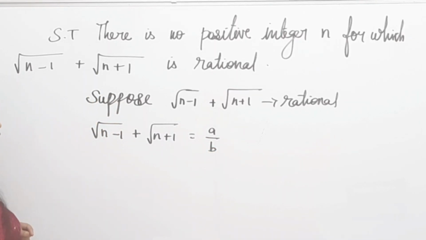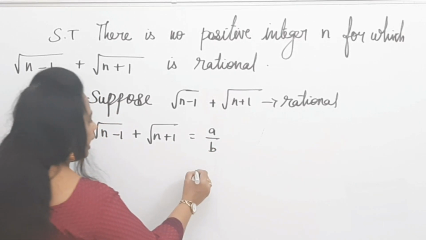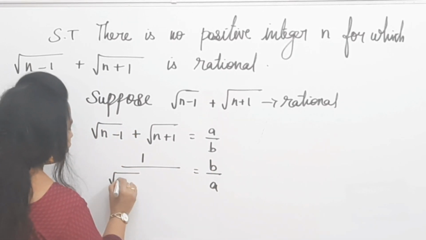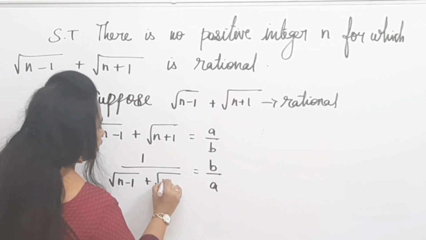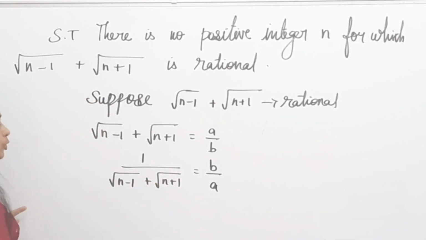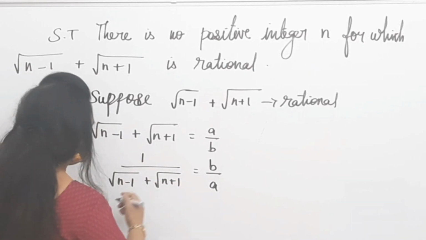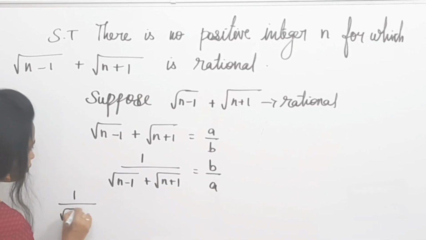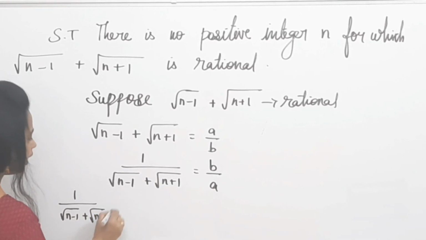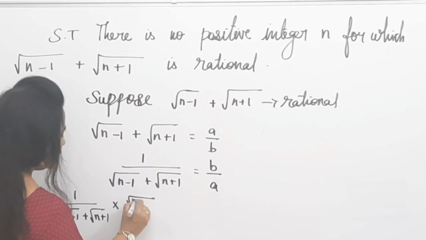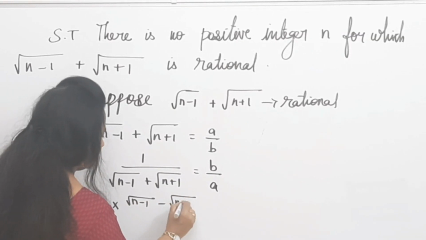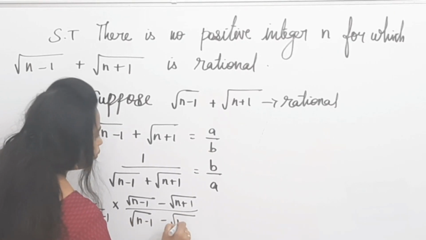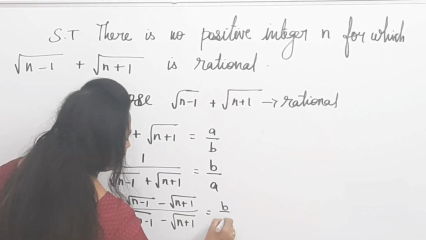Now to prove the rationality, I just take the reciprocal. So that becomes 1 by root n minus 1 plus root n plus 1. Now I take the conjugate and multiply the top and the bottom. So 1 by root n minus 1 plus root n plus 1 into root n minus 1 minus root n plus 1, divided by root n minus 1 minus root n plus 1, is equal to b by a.